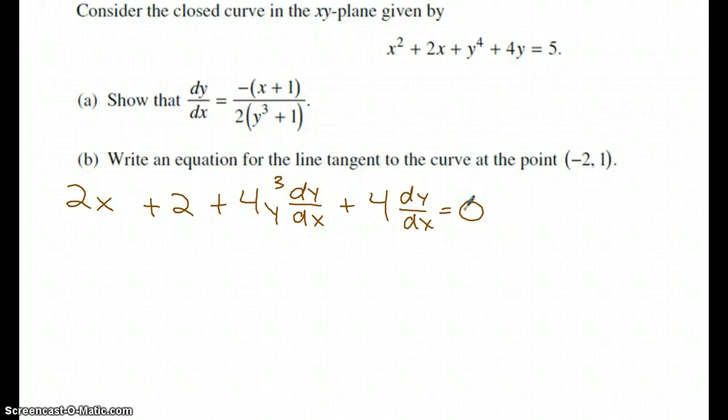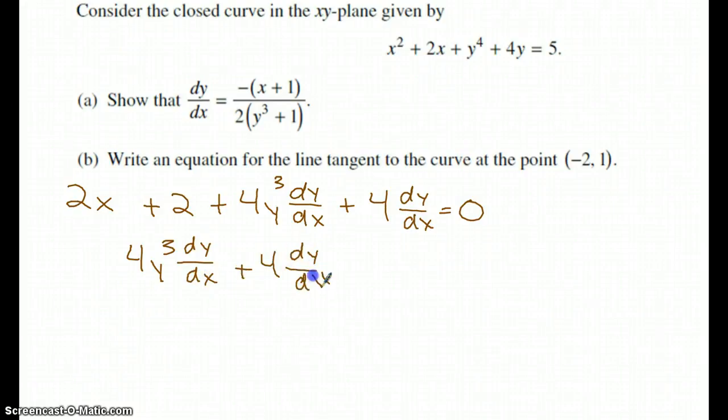So we've got 4y cubed dy/dx plus 4 dy/dx equals negative 2x minus 2. We're going to factor out a dy/dx. These are in common here.